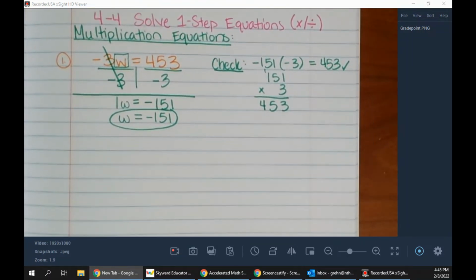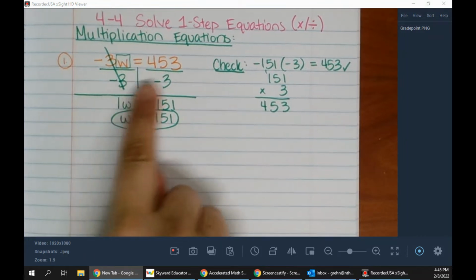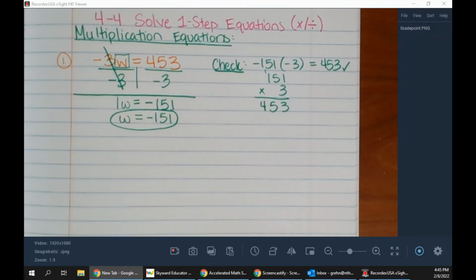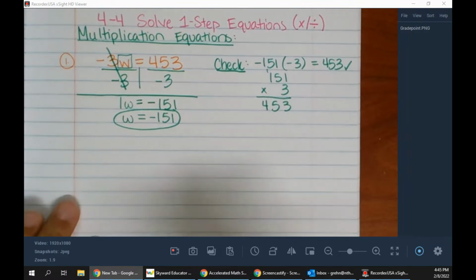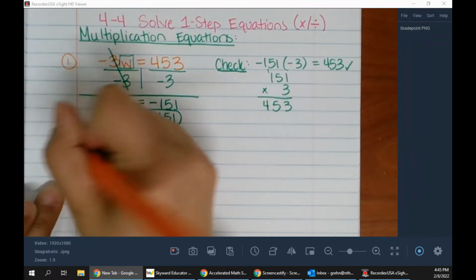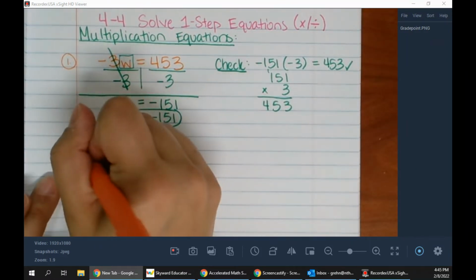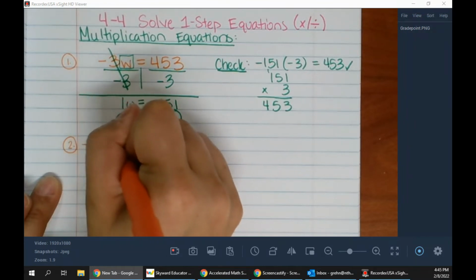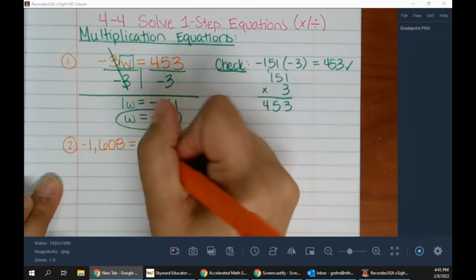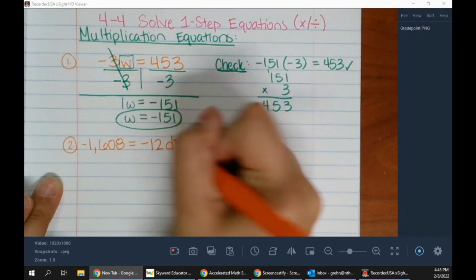Okay, so to solve a multiplication equation, basically we're using division, the opposite or inverse operation. Let's look at one more multiplication equation. So for this one, we have negative 1,608 equals negative 12d.